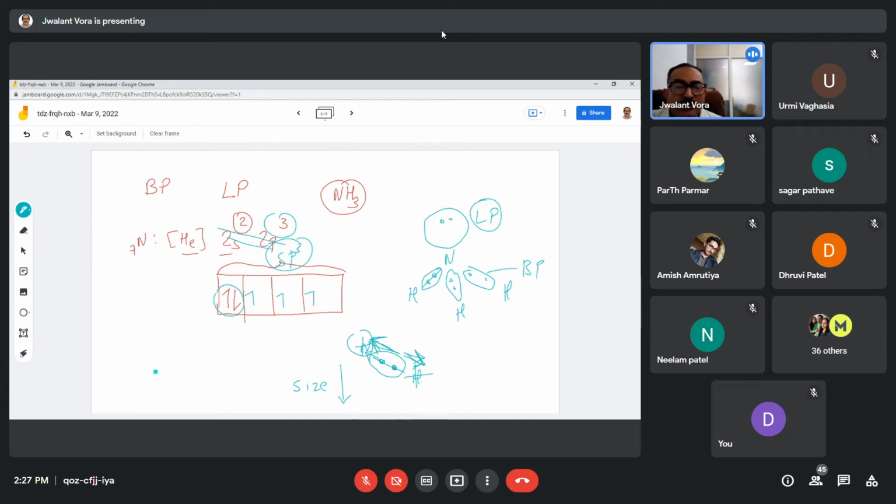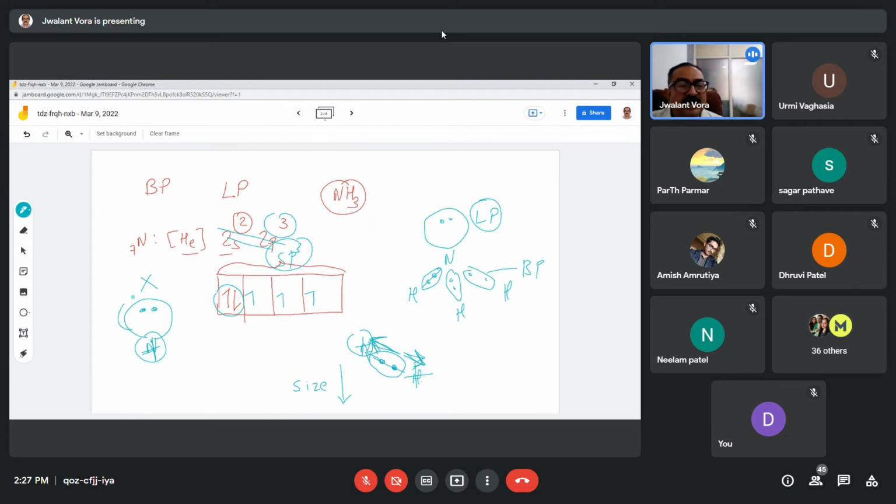Whereas if we talk about the lone pair, on one side the nucleus and proton are there, but on the other side the nucleus is not there. So on this side free space is available.